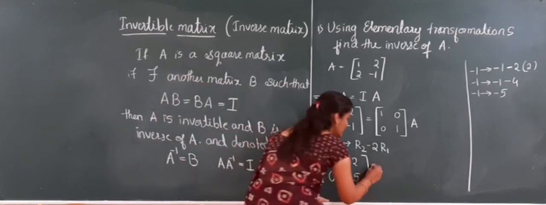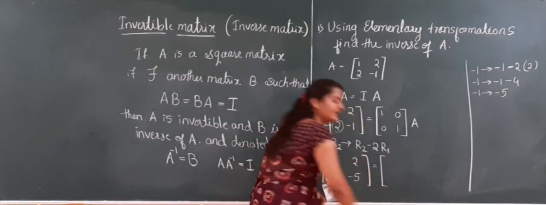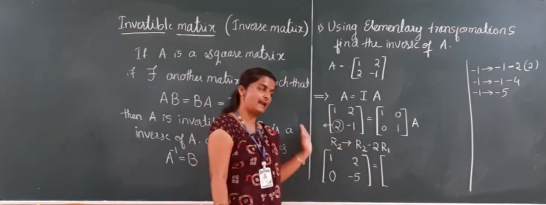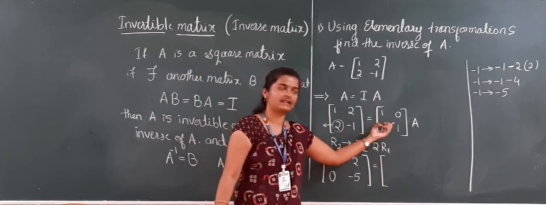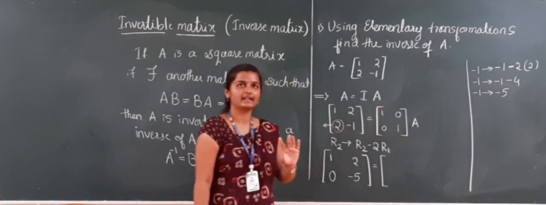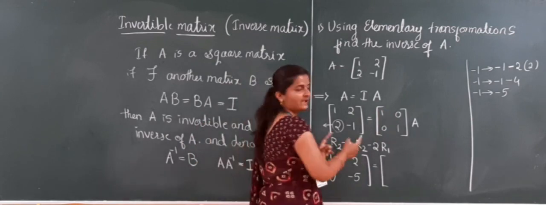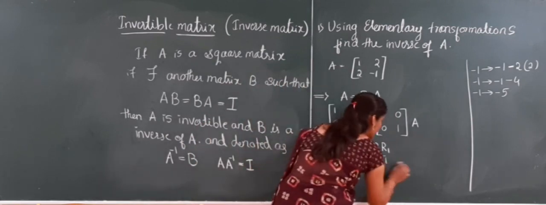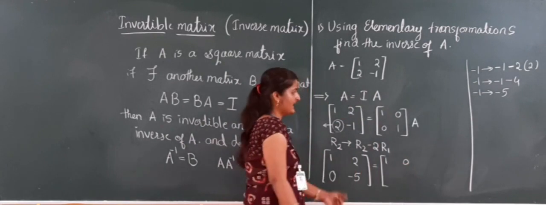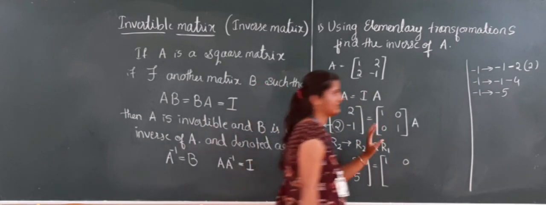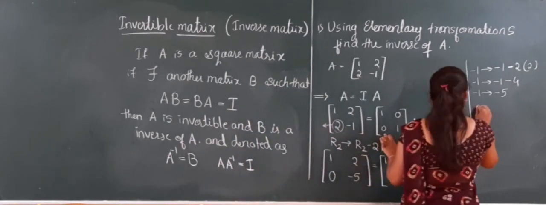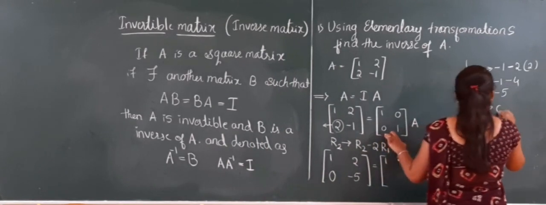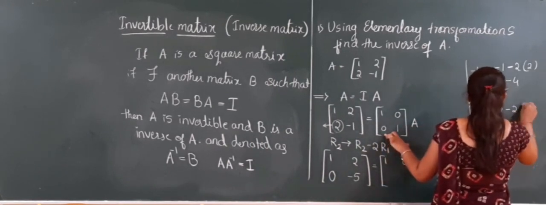Okay. If we apply the elementary transformation to the left-hand side, we have to apply it to the right-hand side also, to the identity matrix. The first row does not change; it remains as it is, 1, 0. Next, the second row I have to change. 0 changes to 0 minus 2 into R1.